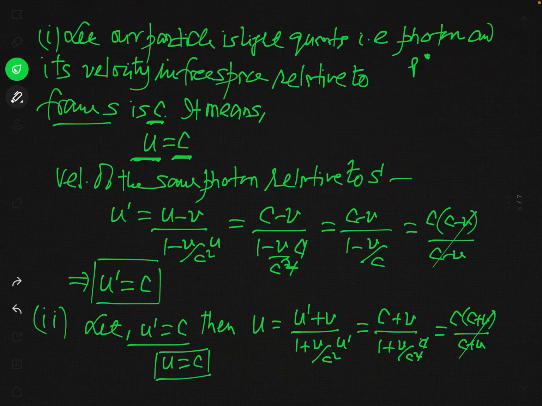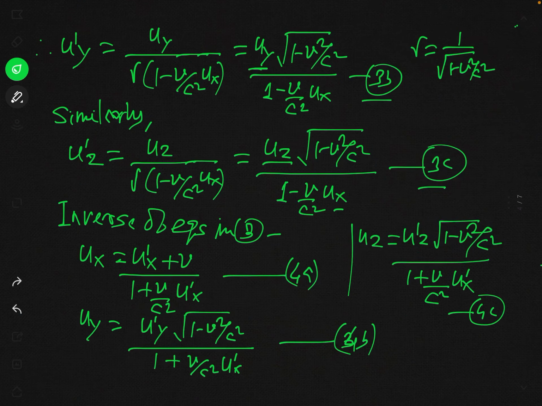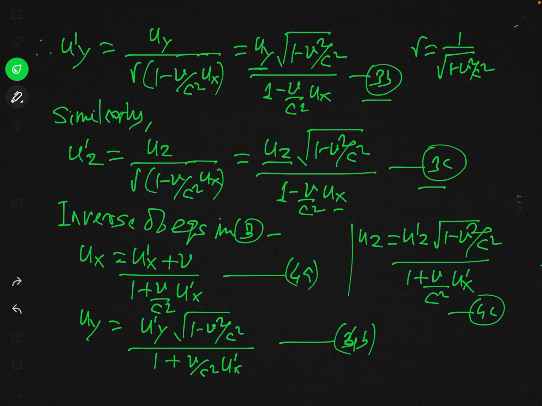And so you can see the velocity transformation equations which we have obtained here. Actually this v over c square into ux will be neglected in comparison to 1, and in equation 3b, we will neglect this v square over c square in comparison to 1. Again in the denominator we will neglect this v by c square ux in comparison to 1. And similarly in case 3c it will be the same result.